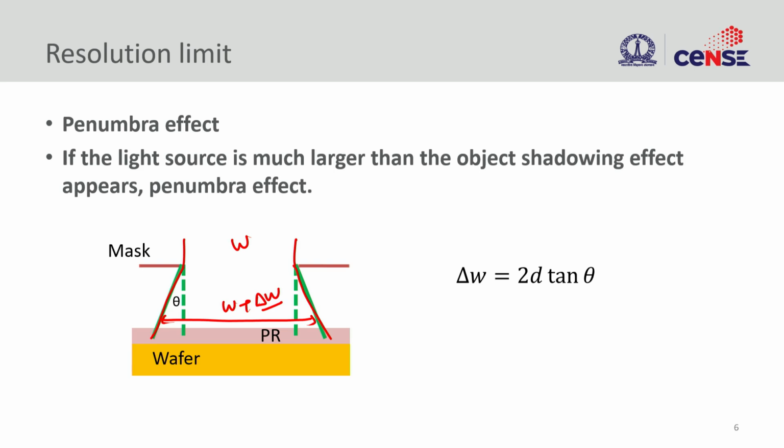And this penumbra effect is going to increase your dimension by this factor, right. And again, this d is nothing but the distance that you have between these two, all right. So we have to be careful about the gap and also your width. If you increase the gap, you will also increase your penumbra effect, okay. So make sure that you choose the right gap to operate, so that you will get the right critical dimension that you are looking for.